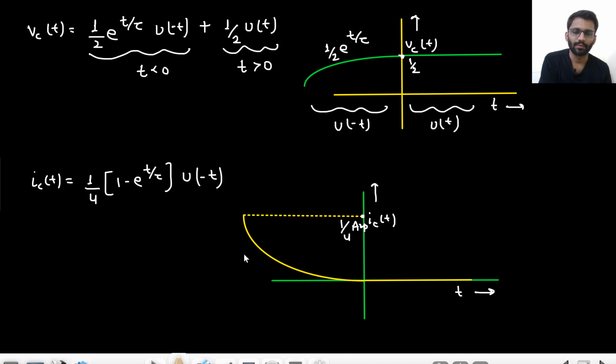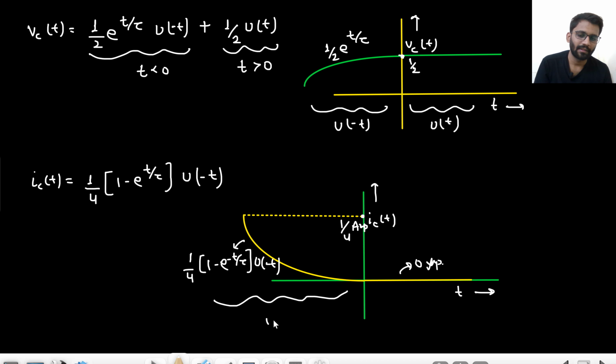Okay, so what was this expression? This expression is 1 by 4 times 1 minus e to the power minus t upon tau, u of minus t. It is actually starting from t equals to minus infinity, but there is no other way to show it. That's why I am showing it like this, and this is 0 ampere. This is for u of minus t and this is for u of t.